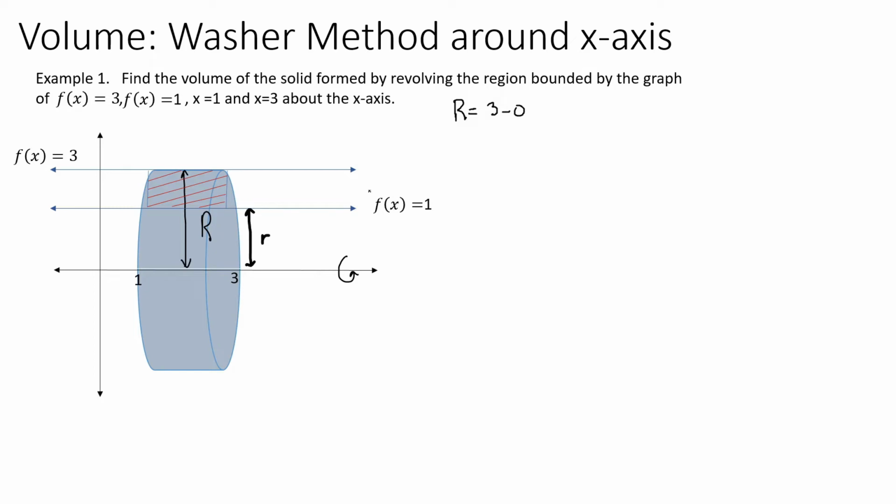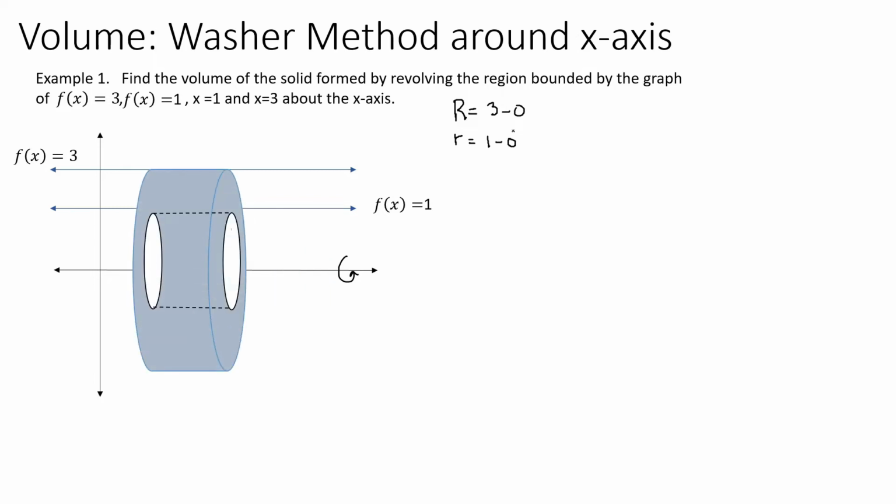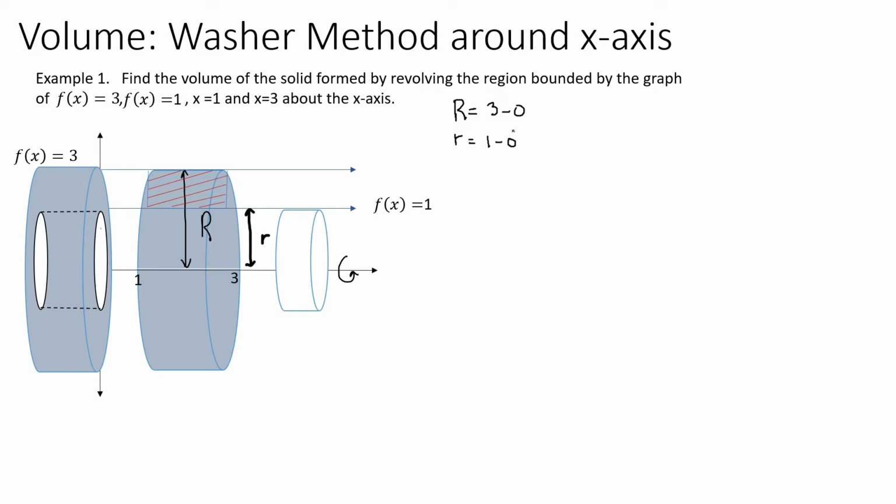Now, the smaller radius will be the gap that you'll be subtracting, in this case this cylinder. Our smaller radius will be the bottom of the area, which is 1, to the axis of rotation, which happens to be 0. So if you rotate them around and subtract, you're going to have a cylinder that has a hole in between. Let's calculate the volume.